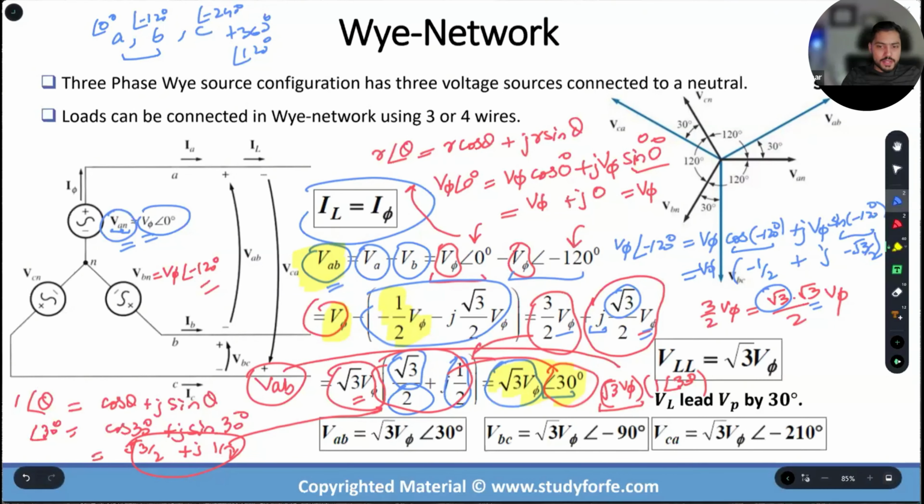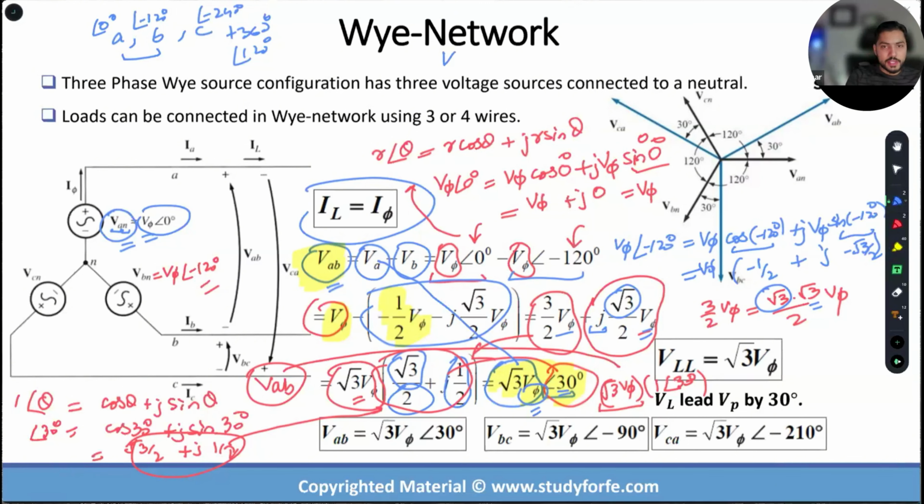Okay, so let's unpack this. Which phase does V phase belong to? The first phase. Okay, this is important because we are saying that there is a 30-degree angle. Okay, all right, make sense?